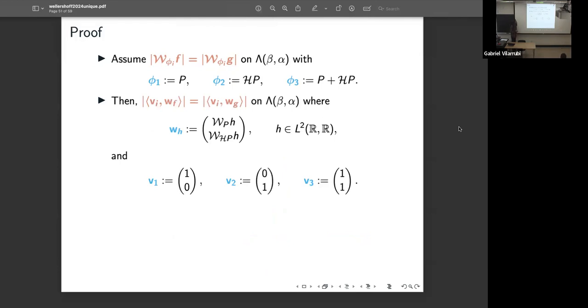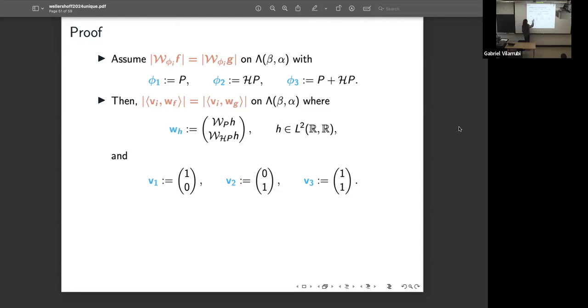I introduce a vector WF, let's say, because I want to apply to f and g, being the Poisson wavelet transform on top and the Hilbert of the Poisson on the bottom. And then if I have these vectors V1, V2, V3, they will just correspond to the measurements of P, HP, and P plus HP, which I think is kind of easy to see, right?